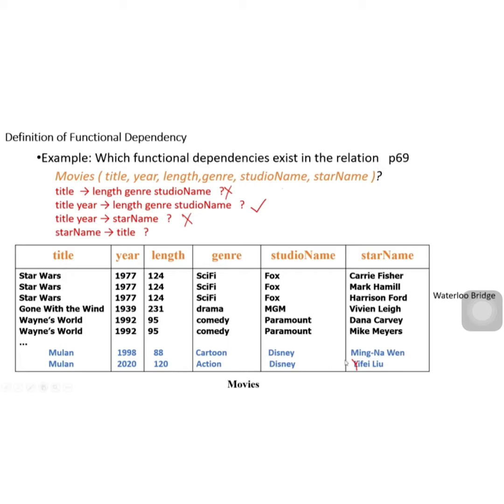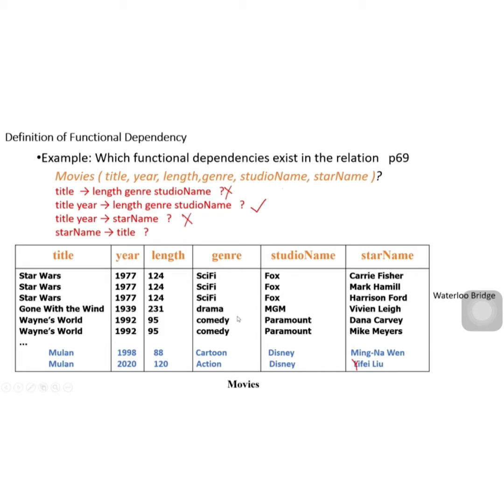So if we add this movie to this relation, we can find two movies, Gone with the Wind and Waterloo Bridge, in this relation. Then we can find two tuples with the same value on star name, Vivien Leigh, but they don't have the same value on title, length, genre, or studio name.